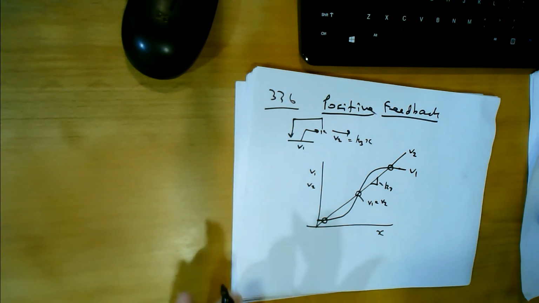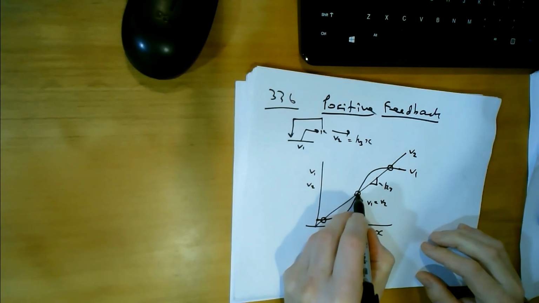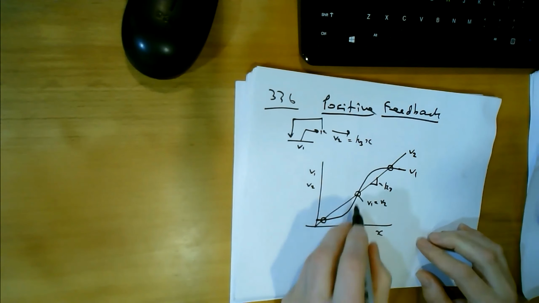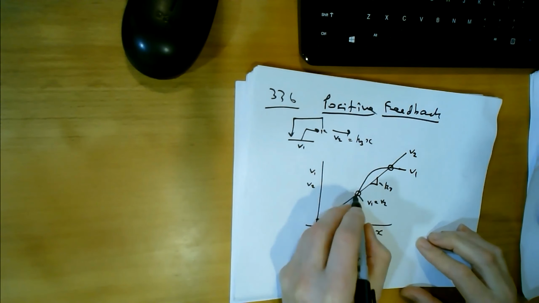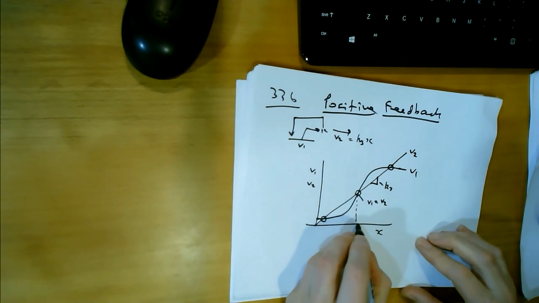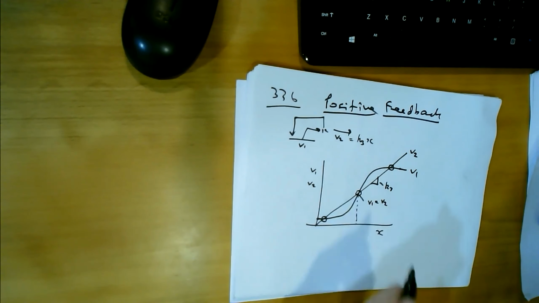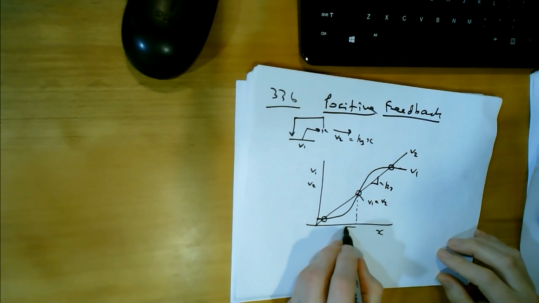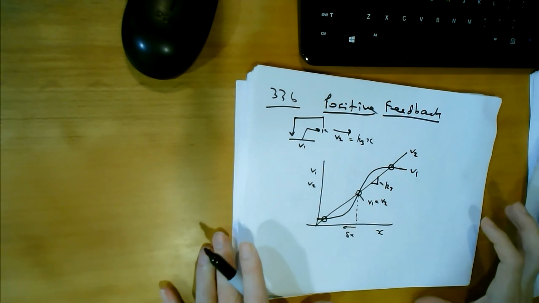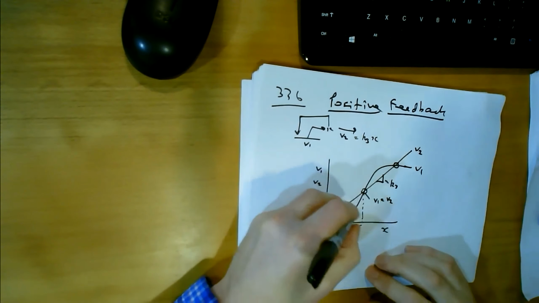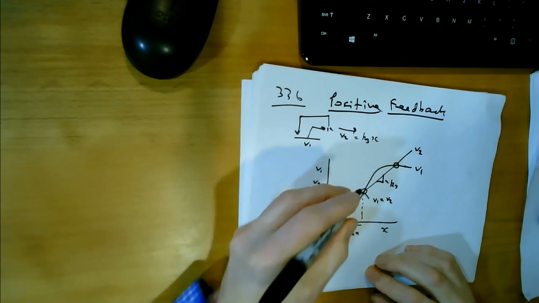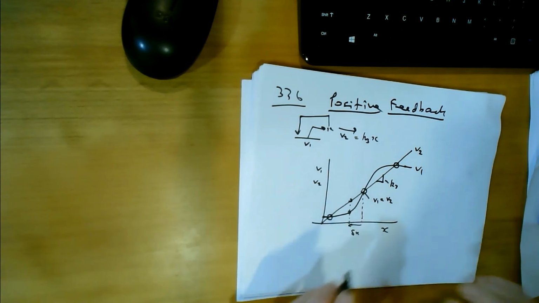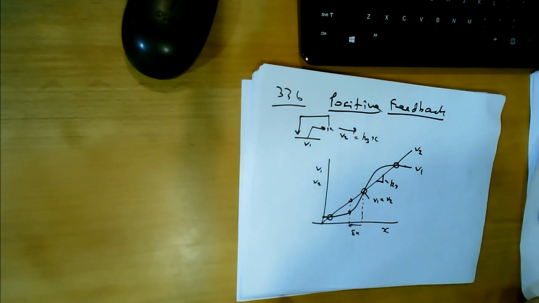So imagine you're sitting here, and I displace X. I'm sitting on this steady state, and let's say I displace X by delta X amount.